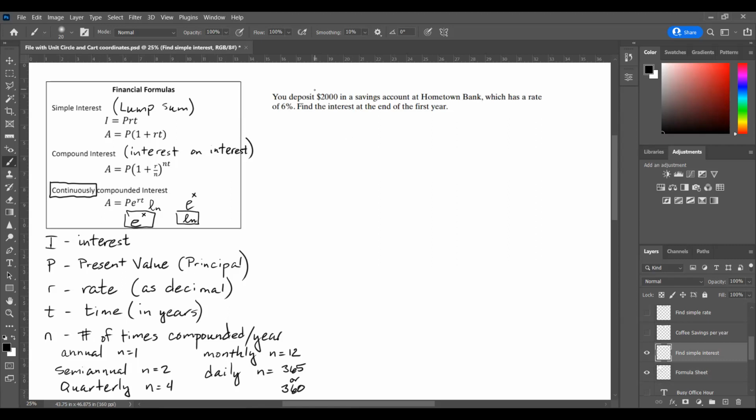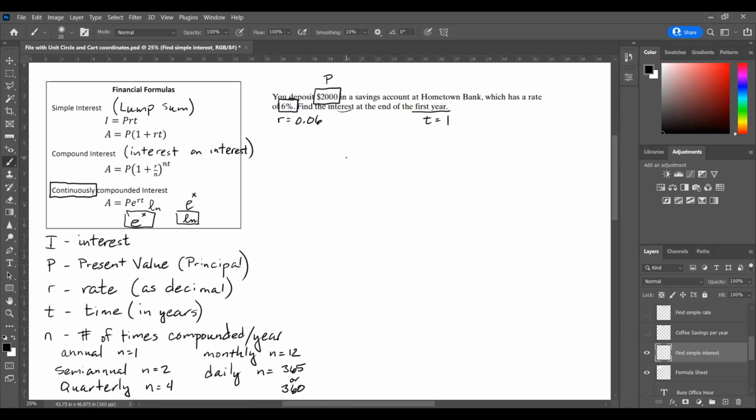Let's take a look at this problem. We deposit $2,000. So that's the amount today. How much is the loan? So that's our P value. In a savings account, it has a rate of 6%. So that means R is 0.06. Find the interest at the end of the first year. So T would be 1. And they just want the interest.